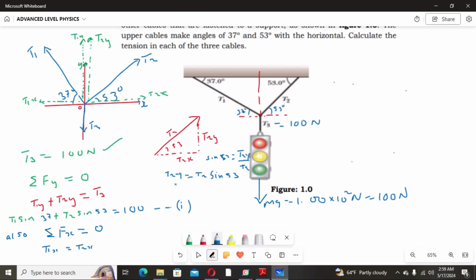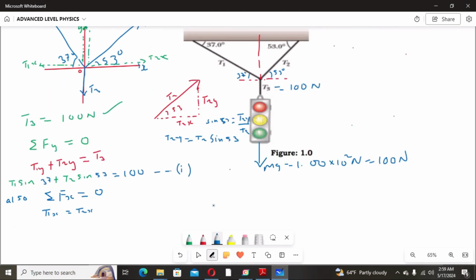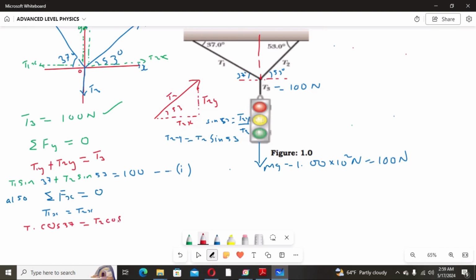Okay, so now using that and substituting there, this becomes T1 cos 37 is equal to T2 cos 53.